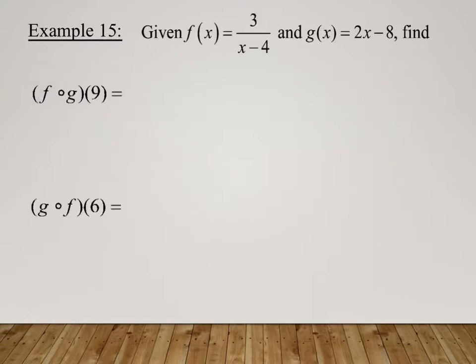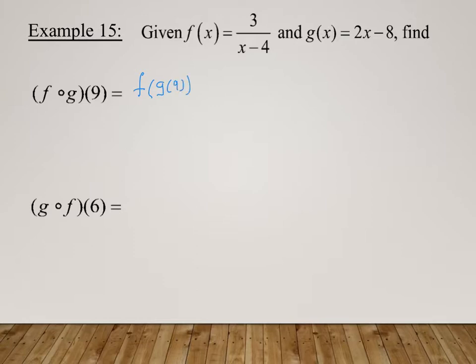So, example 15, now we're going to evaluate functions at particular points, especially composite functions. So now we have fog of 9. So the way we do this is we know it's f of g of x evaluated at 9.